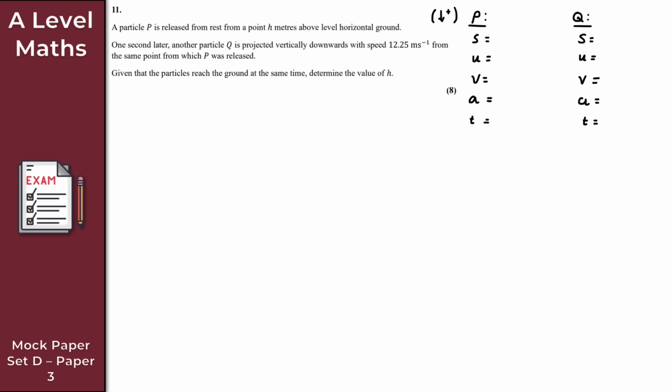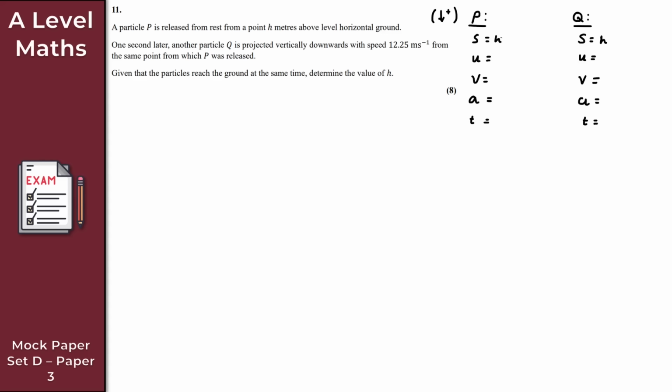So, taking downwards as positive, for S then, in both cases, because they both touch the same point on the ground, we'll take the displacement to be h meters, as we're told. So S is h here, and the same is true for Q. Now for U, that does change depending on which particle.